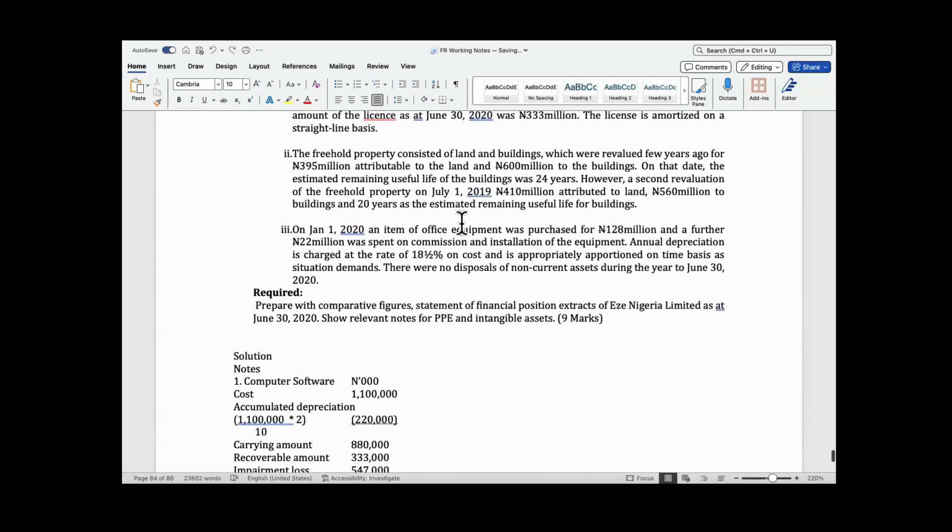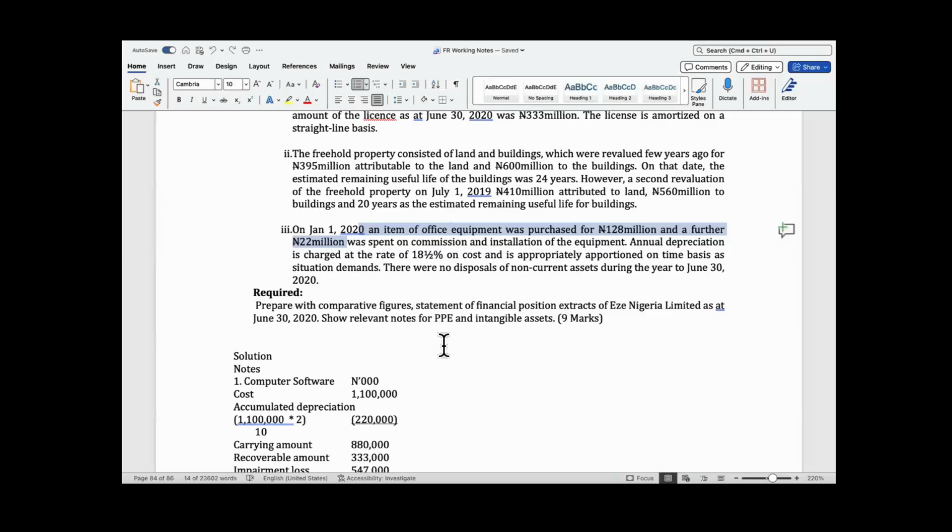So number 3 is talking about office equipment. On January 1st, 2020, an item of office equipment was purchased for 128 million, and a further 22 million was spent on commission and installation of the equipment.